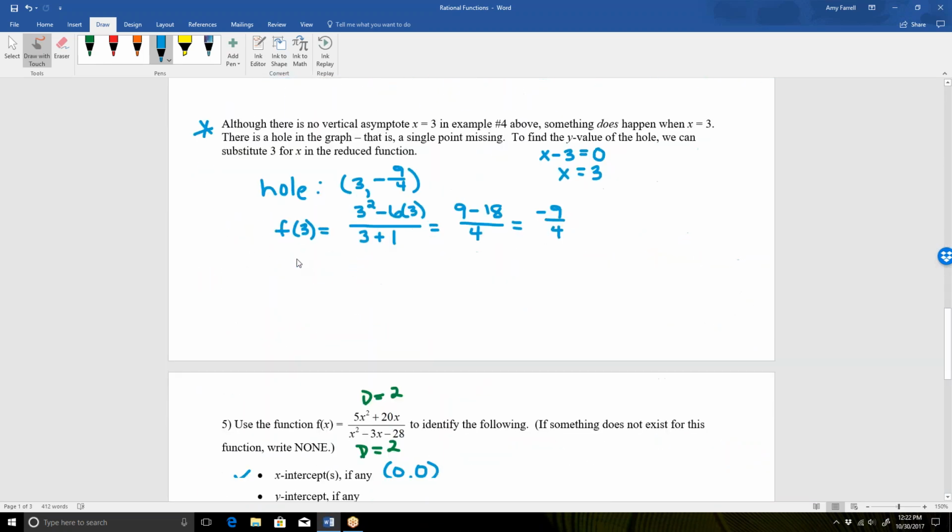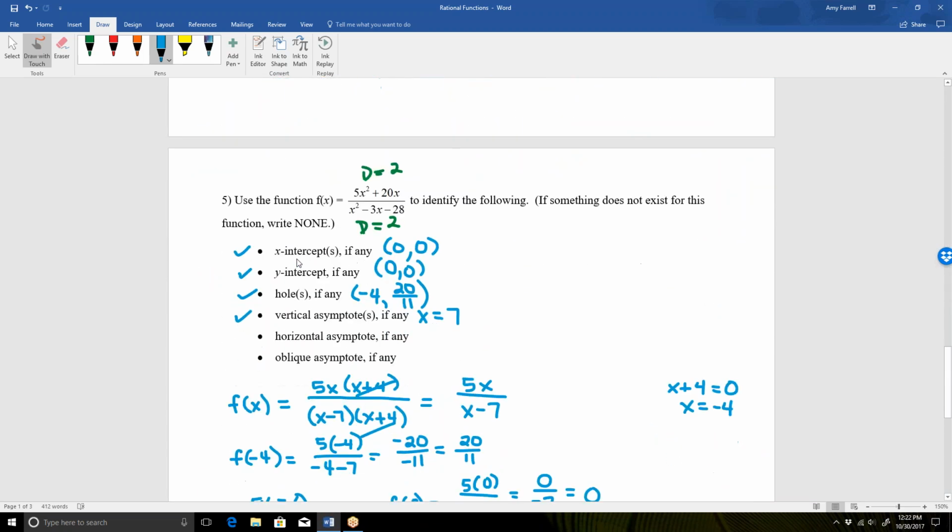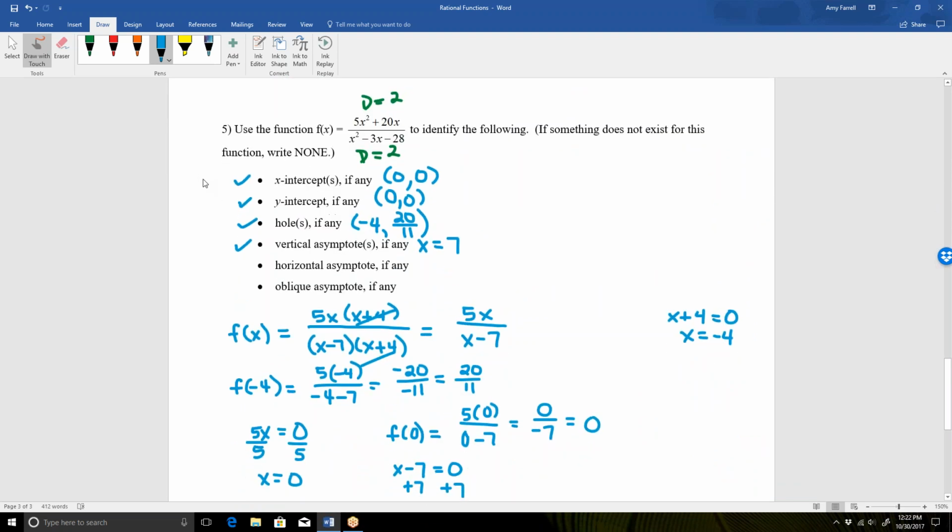So back to our example. We have the same degree. When we have the same degree, we're going to take the ratio of the leading coefficients. The leading coefficient of the numerator is 5, and the leading coefficient of the denominator is a 1.